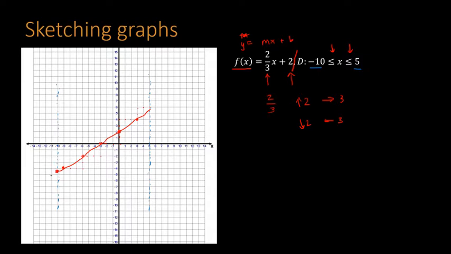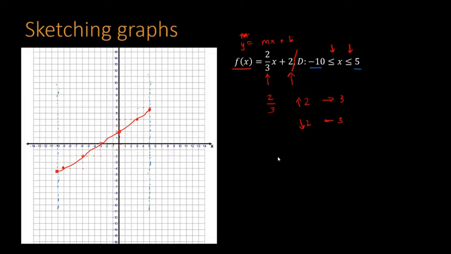It's included in my function. And the same thing on the other side, x is less than or equal to 5, which means that x can be equal to 5. I'm going to plot a closed point there to say that it is included as part of my function. So this is the graph of my function. You can see that it falls between my domain of -10 and 5, including those points.